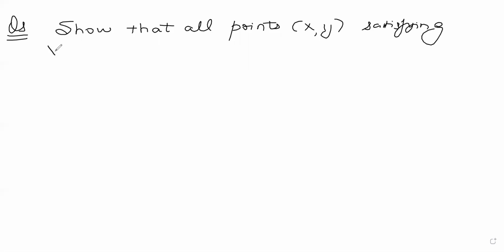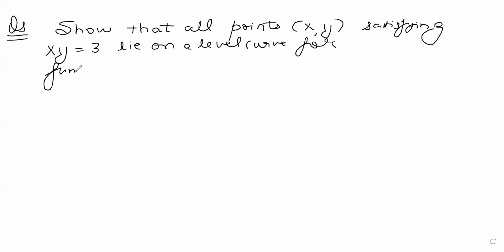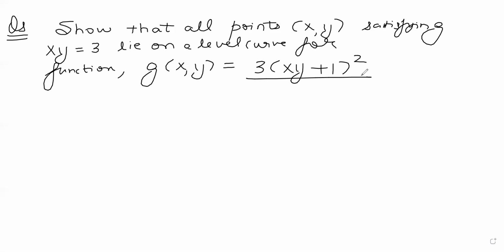Show that all the points x comma y satisfying x into y equal to 3 lie on a level curve for the function g of x, y equal to 3 times xy plus 1, whole square upon (xy) to the power 4 minus 1.